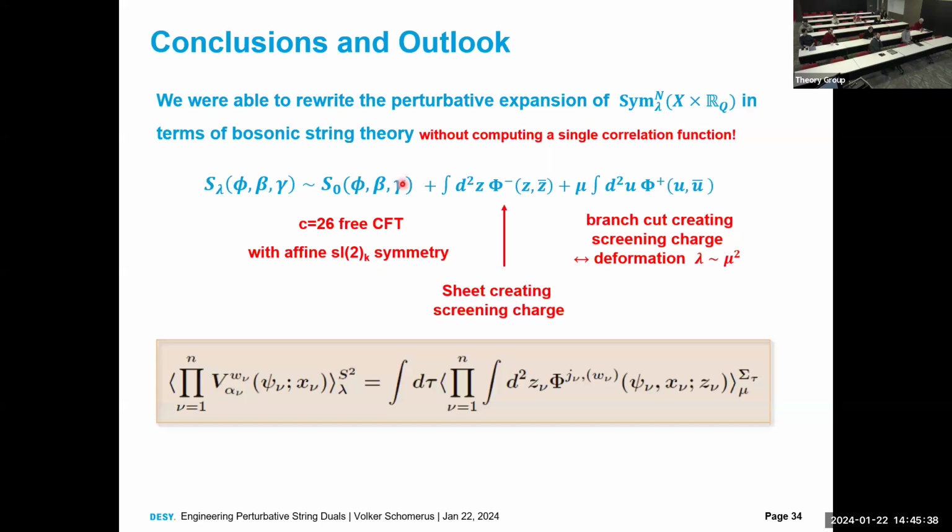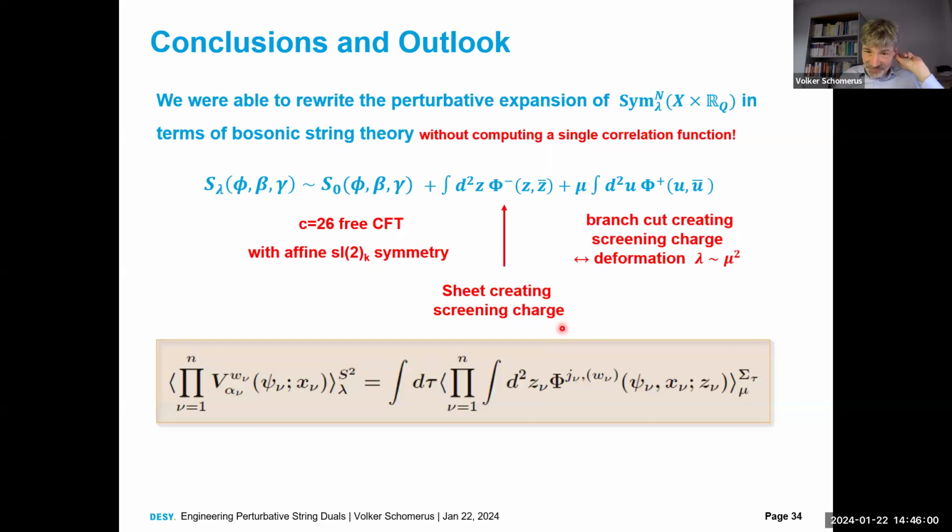And the bosonic string theory is this theory here with two interactions, the sheet creating interaction psi minus, which is fairly conventional, and then this branch cut creating screening charge, which corresponds to the deformation of the symmetric product orbifold. And I did this relation without computing a single correlation function. This is what I had stressed at the beginning.